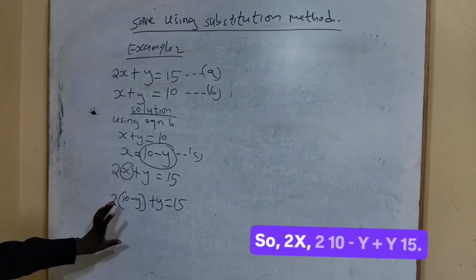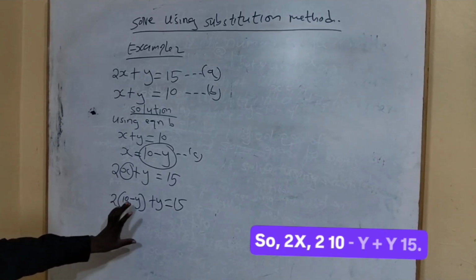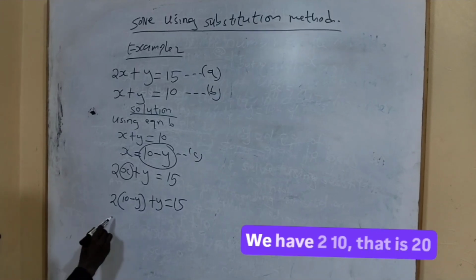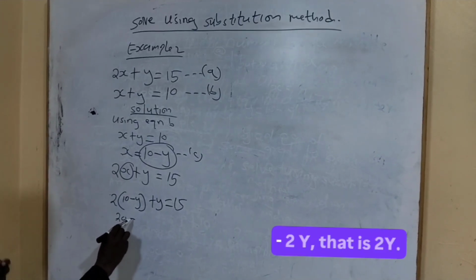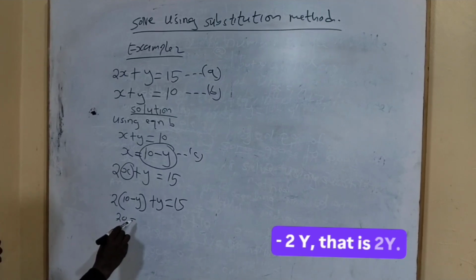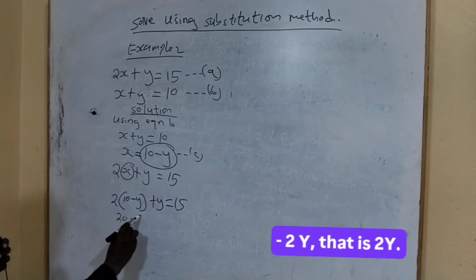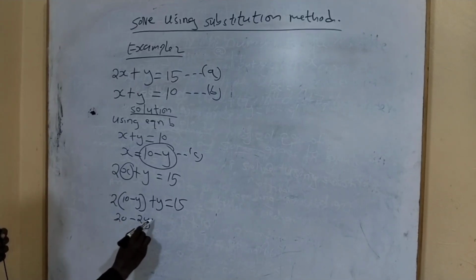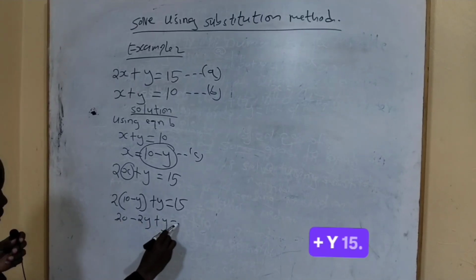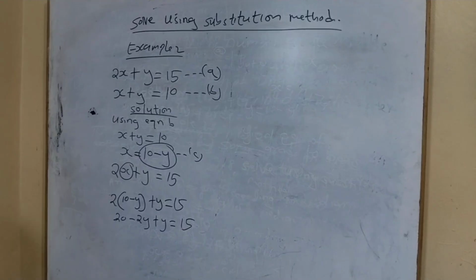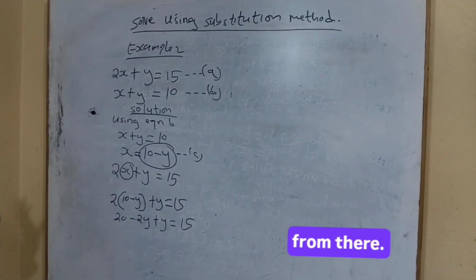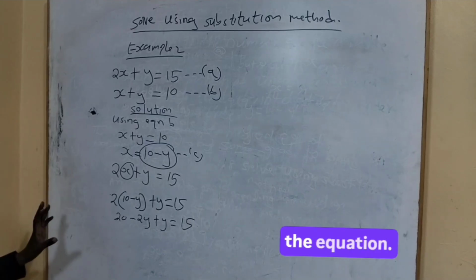So 2 into 10 minus y plus y is equals to 15. So we can open the bracket. We have 2 times 10, that is 20, minus 2 times y, that is 2y, plus y is equal to 15. Now as you can see, we have removed the x from the equation.